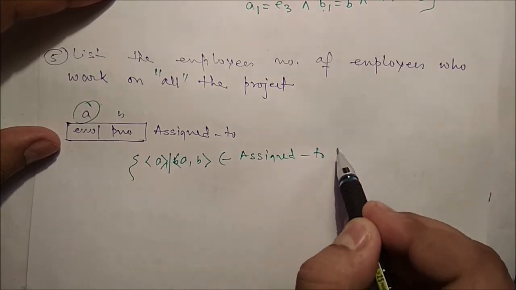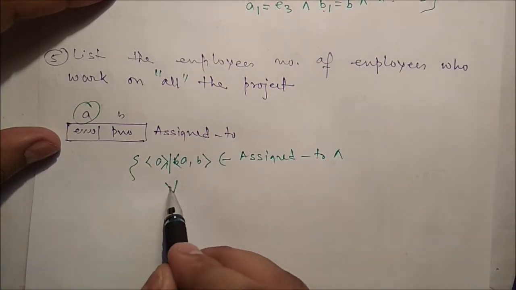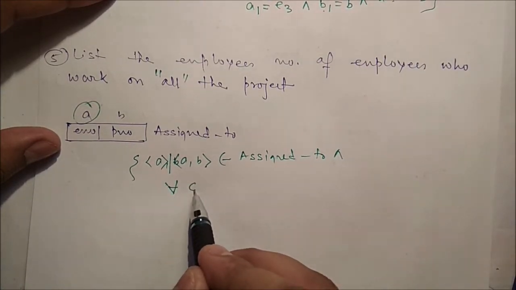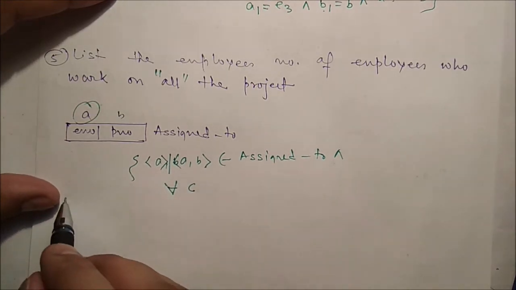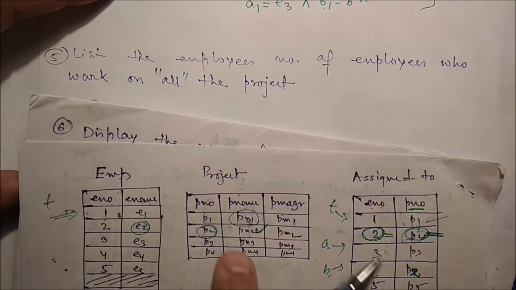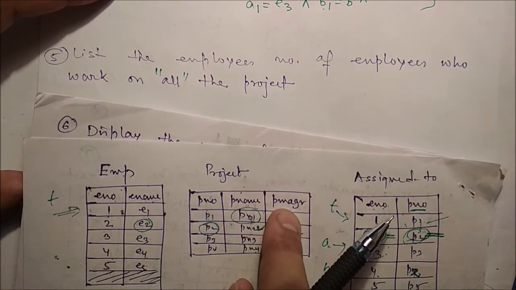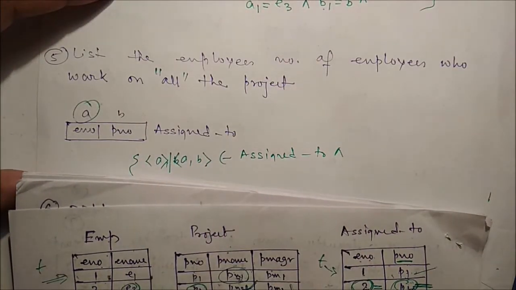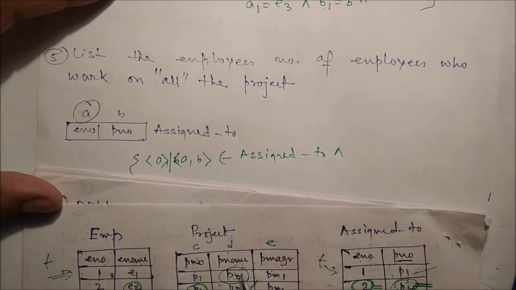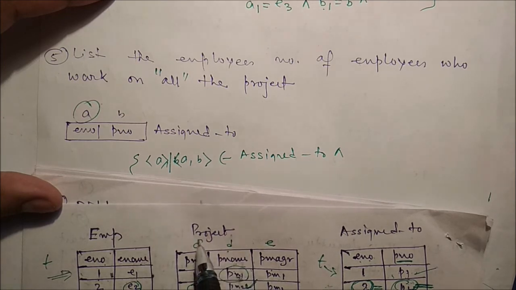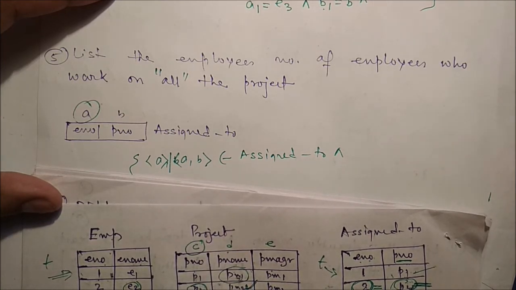and for all C. Okay, for all C means what? We have a table with project number, project name and project manager, so here we can put it this way: C, D and E. From this project table we have to identify all the project numbers.